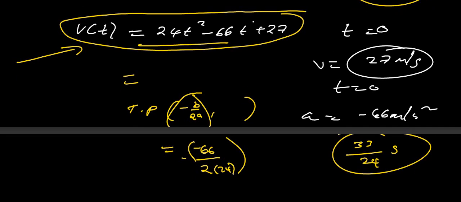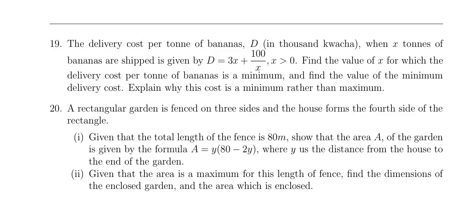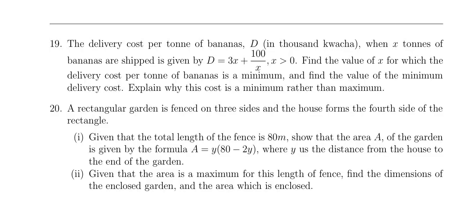So here we're having d. That's number 19. We have d. So it's d is equal to 3x. Yeah, so this is just a distraction.